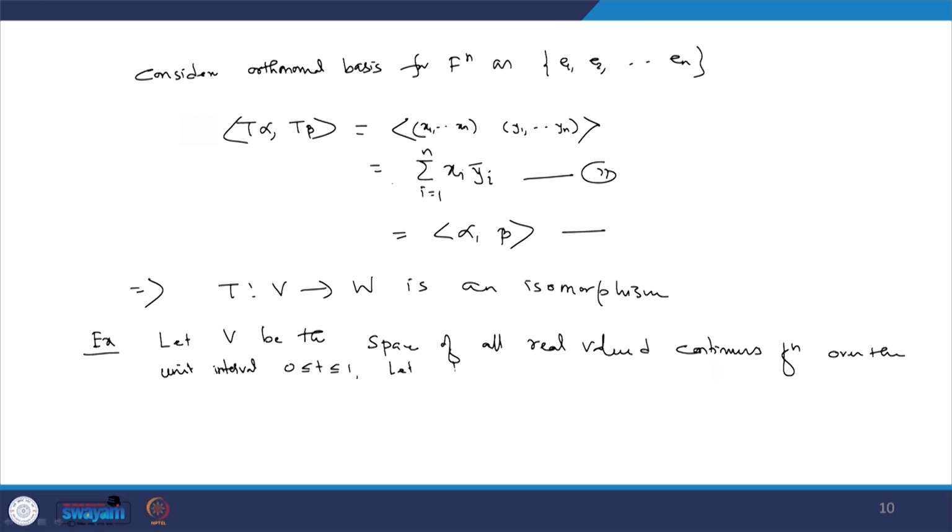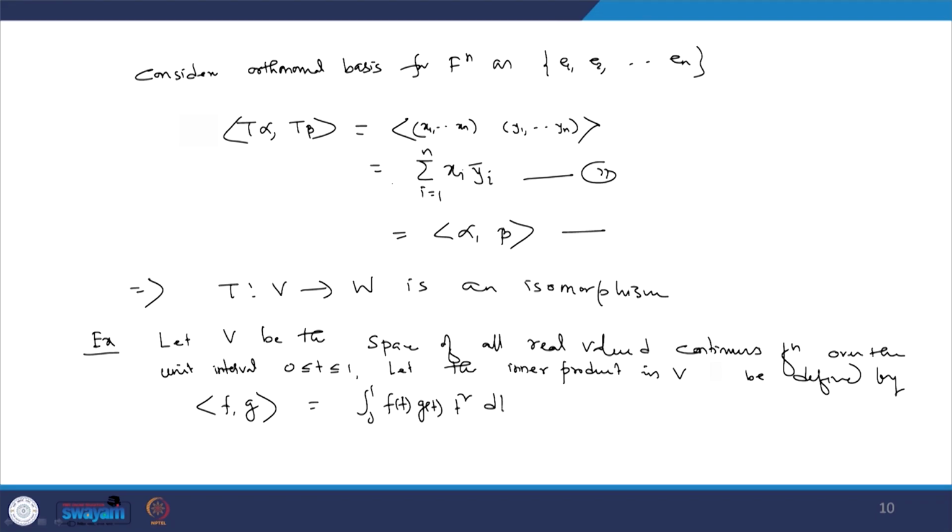Let the inner product in V be defined by the inner product of f and g equal to integral 0 to 1 of f(t) g(t) t squared dt. So, I have defined the inner product in this way.